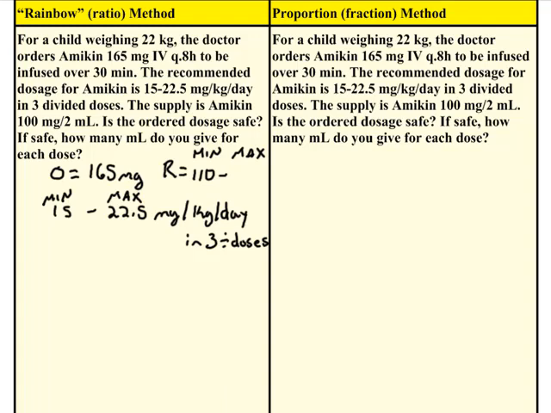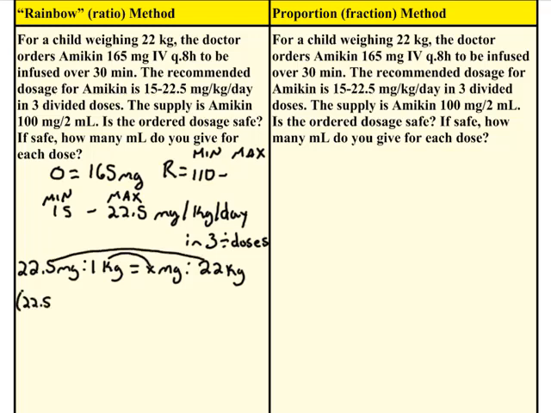First, we're going to set up a relationship between the maximum amount of milligrams and the kilogram. We know we are allowed to give a maximum of 22.5 milligrams per 1 kilogram. We're going to set that equal to an unknown amount of milligrams for our 22 kilogram patient. We then will multiply our means and our extremes: 22.5 milligrams times 22 kilograms equals 1 kilogram times x milligrams.